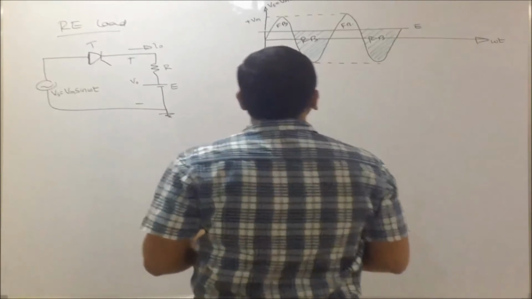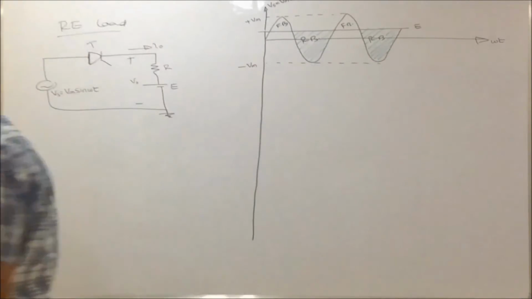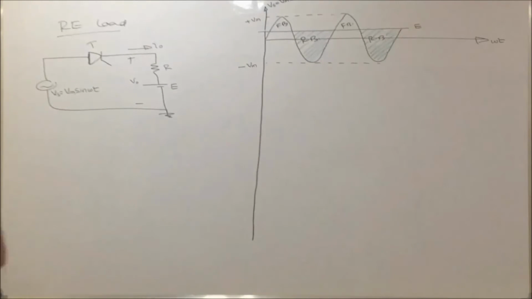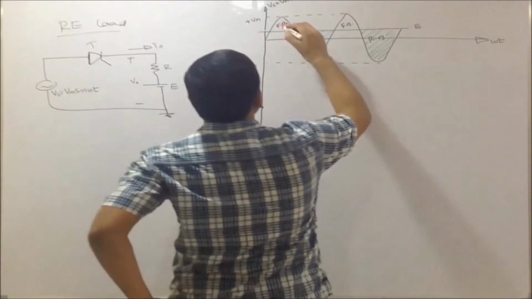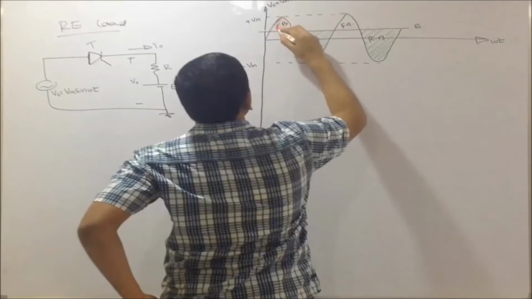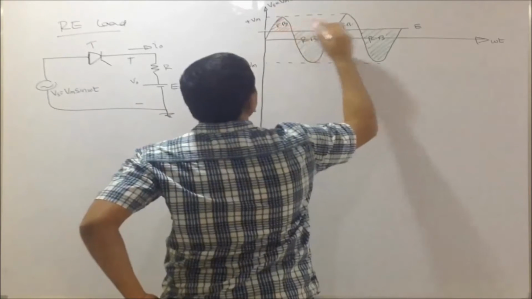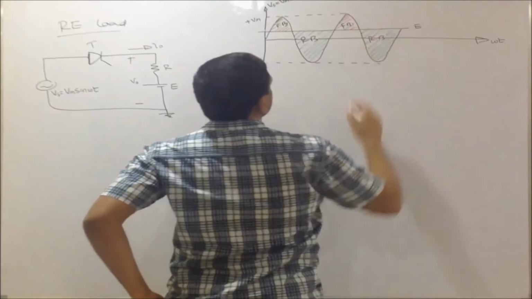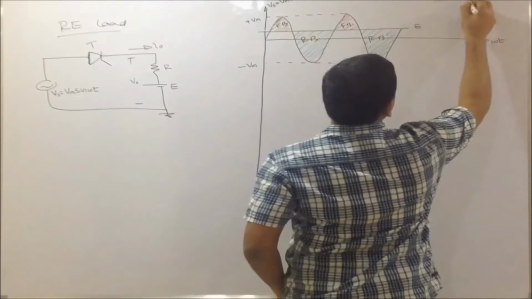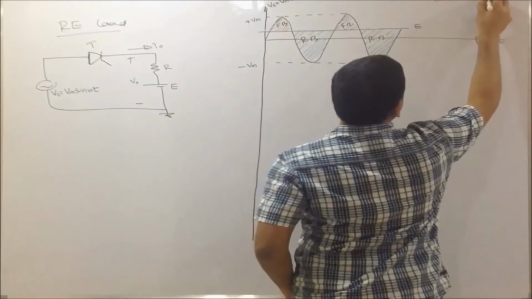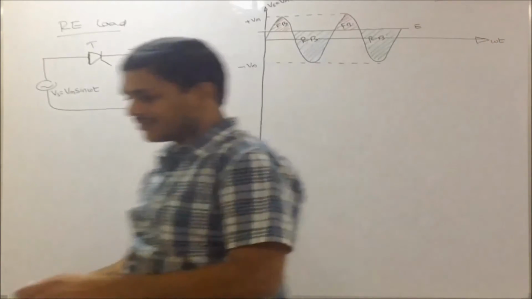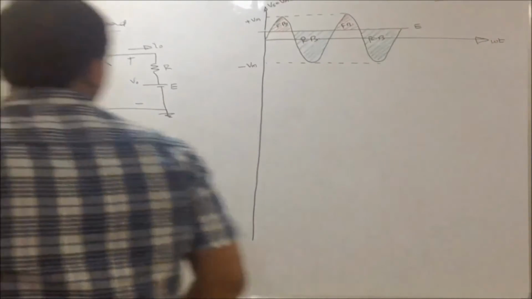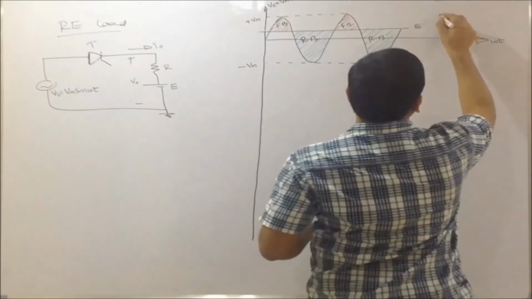This is the region where it is reverse biased, and this is the region where forward bias occurs. This is for forward bias. This is for reverse bias.